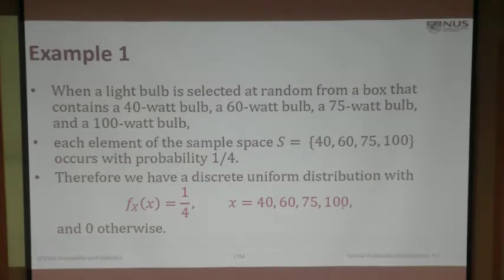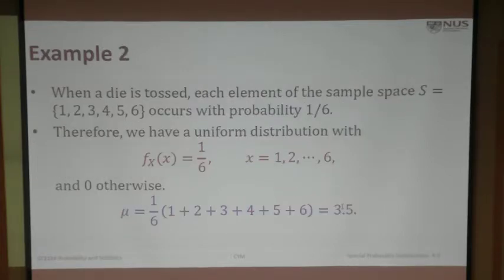Okay, not very exciting. The second example is the one we have seen almost in lecture 1, which is the notion of rolling a fair die. If you roll a fair die, the possible outcomes are 1, 2, 3, 4, 5, 6, and each of them is equally likely with probability 1 over 6.